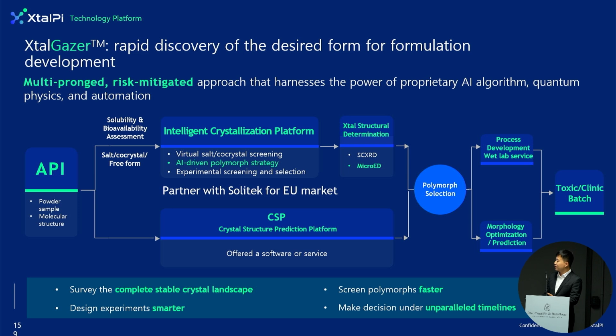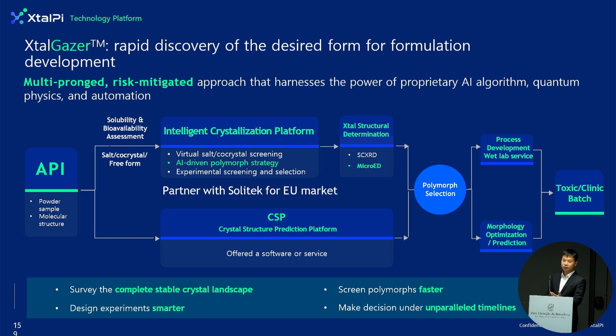On the top part, as you can see, we have an intelligent crystallization platform. Here, in the salt or co-crystal screening process, we can virtually perform a screening first to give you recommendations for the counter-ion, for the coformer, and even for the solvents you can try before the experiment. And then for the polymorph screening part, we have an AI-driven polymorph strategy that can give you recommendations for the experimental work.